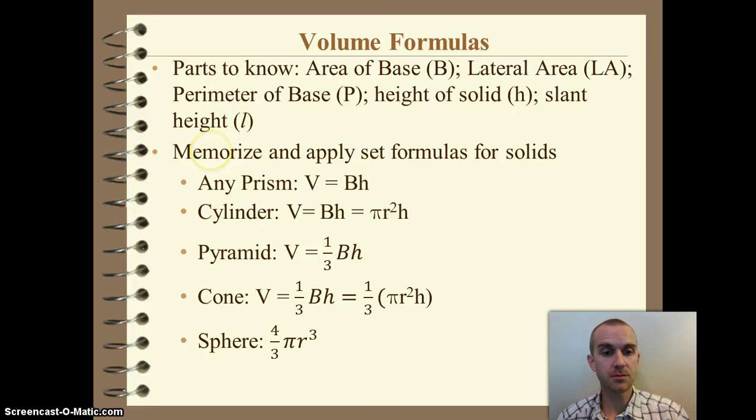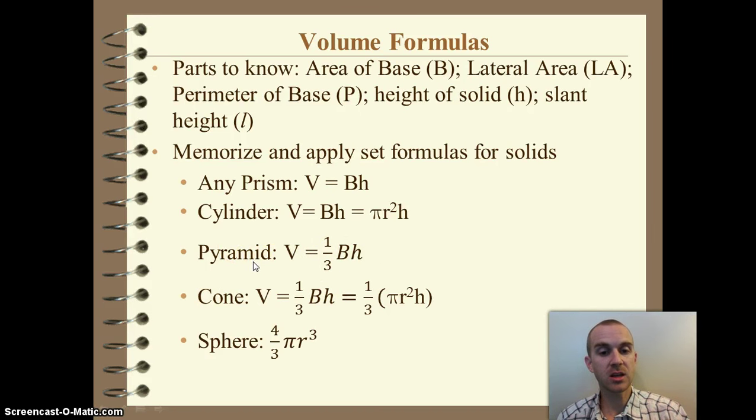Now, a prism or cylinder is always the volume of the area of the base times the height. So we have to recognize what our base is. With a cylinder, we often know that that's pi r squared because it's a circle. So we sometimes will say that one very specifically. Whereas a pyramid and a cone are common as well. It's 1/3 the area of the base times the height.